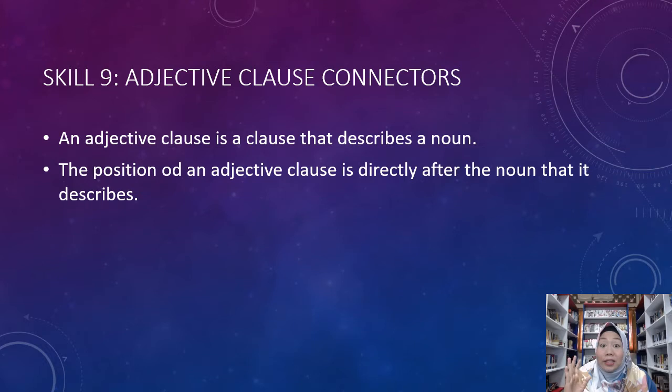If we have an adjective in the form of a word, its location in a sentence is before the noun it modifies. But if it is in the form of a clause, then the position is directly after the noun that it describes or modifies.